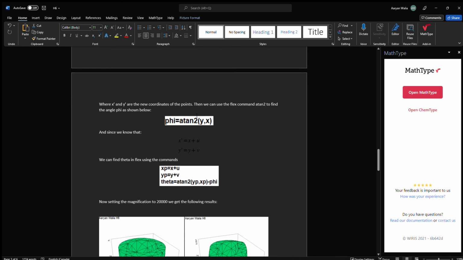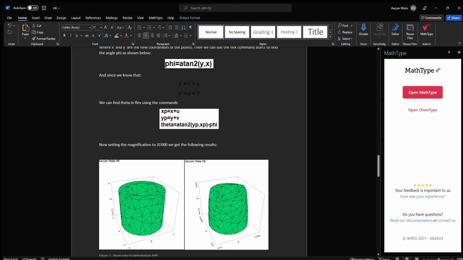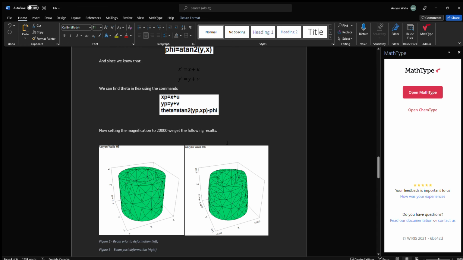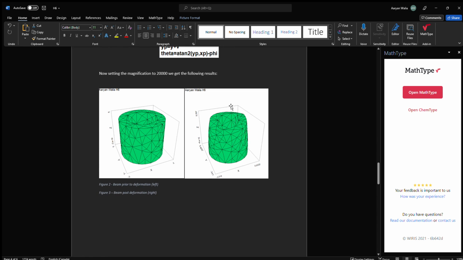Then we have everything we need, and we can set our magnification to 20,000, since we already know from our Maple section that the twist angle is very small, so we won't be able to see it otherwise. This is what we get when we magnify it 20,000 times.